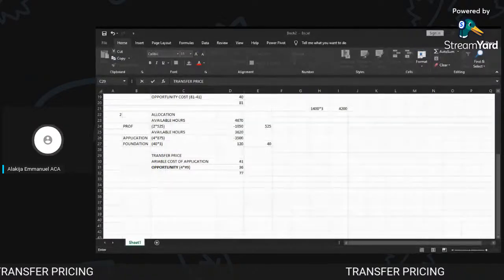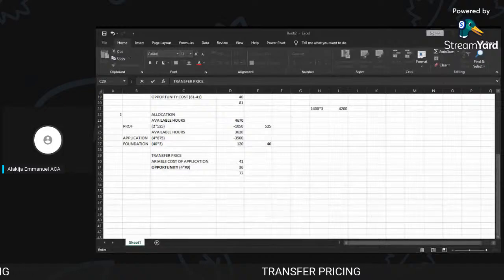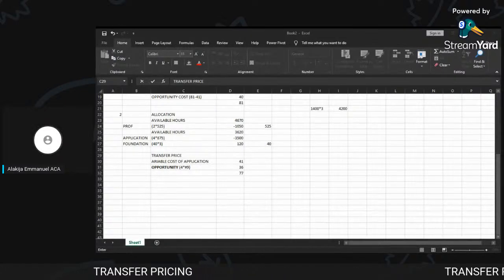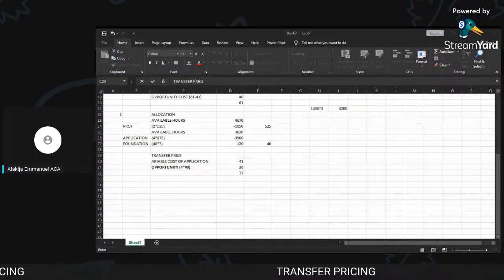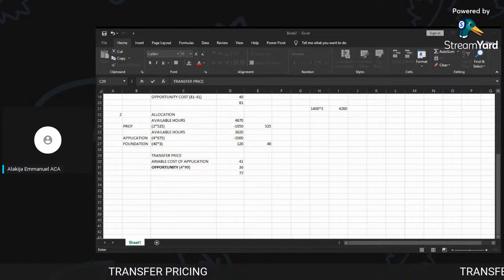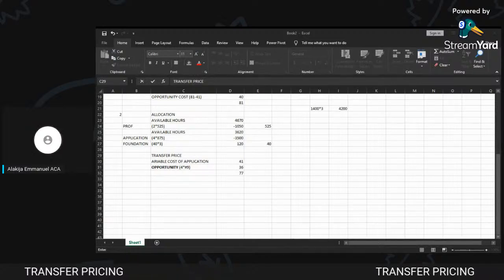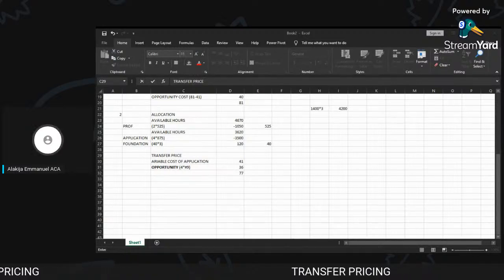Okay, opportunity cost of one is, there is a market which we can sell that to, but because we want to meet internal demand, we will not be able to send to the external market.